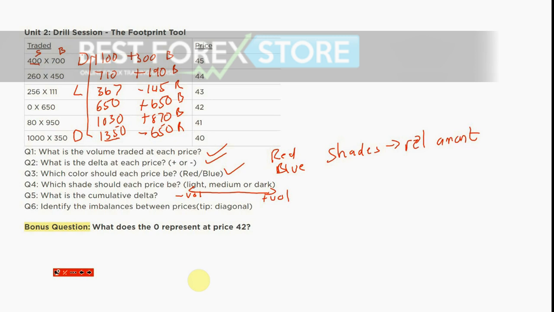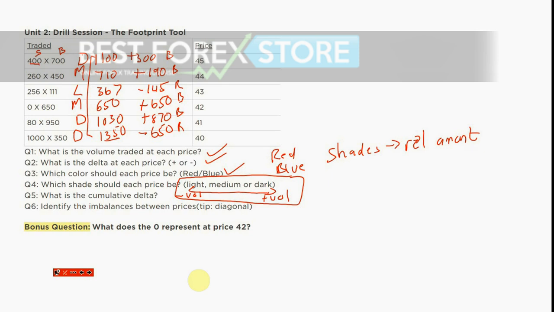In between, we have a medium shade with 650 and 710, and then 1,030 we could pretty much interpret as a dark shade as well. So that's how you would see the shades. It's based on the total volume. The higher the amount of volume traded at a price, the darker the shade, and likewise the lighter shade will be allocated to the lower relative volume.